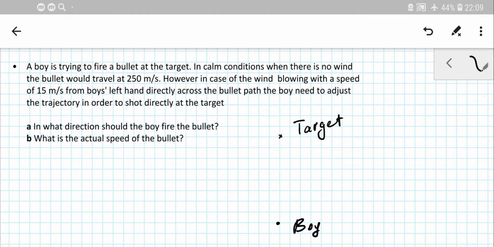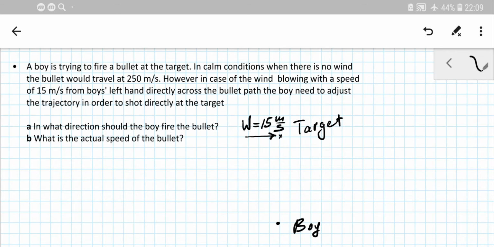However, in case of wind that goes from the west, we can set up the wind velocity this way. This is the wind velocity, which is 15 meters per second. That's the vector.